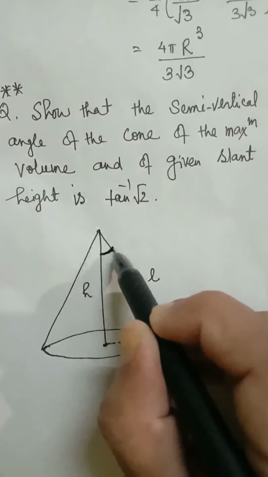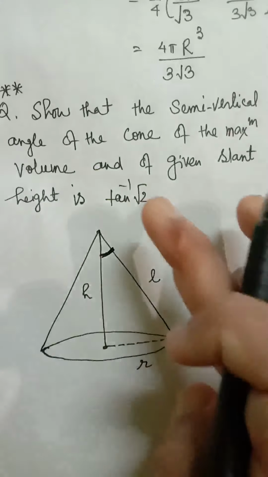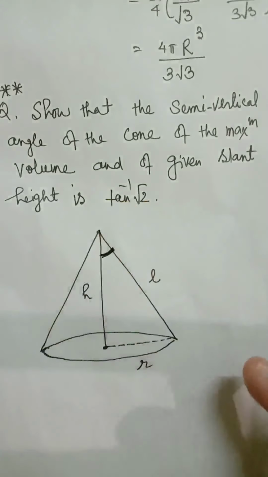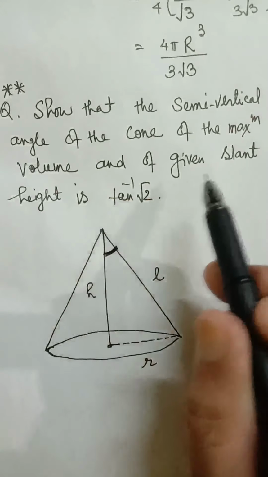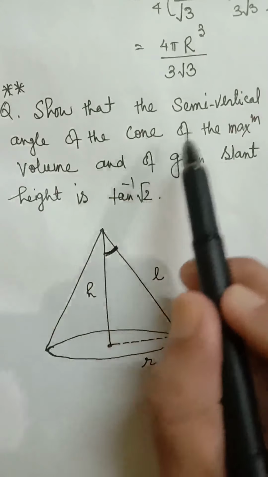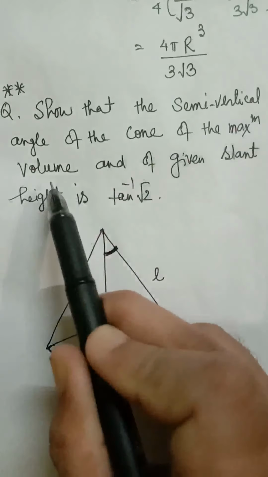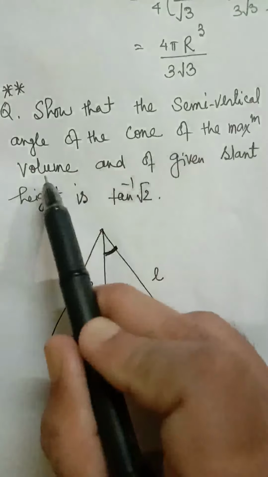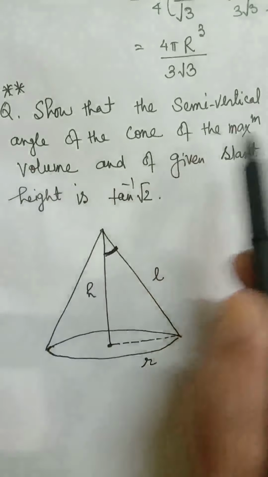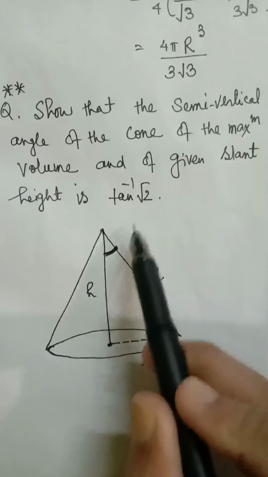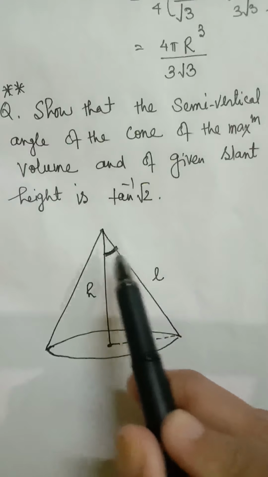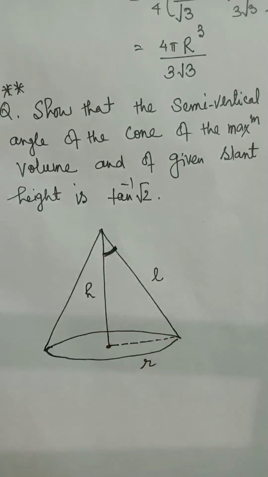When this angle is tan inverse of root 2, the volume of the cone will be maximum. We have to show the volume is maximum when the semi-vertical angle is tan inverse root 2.